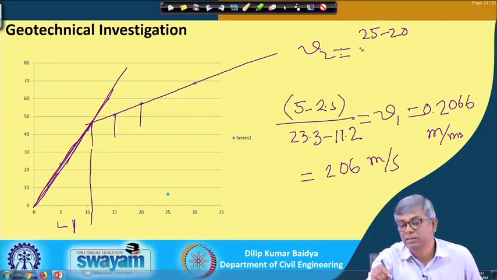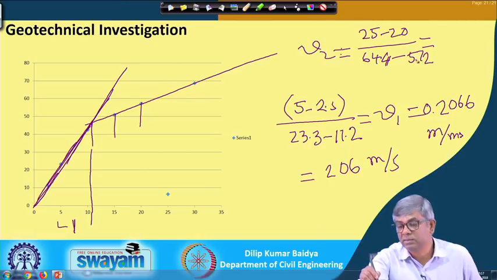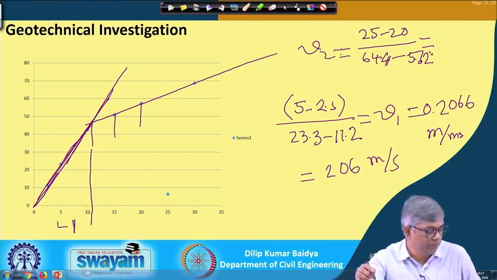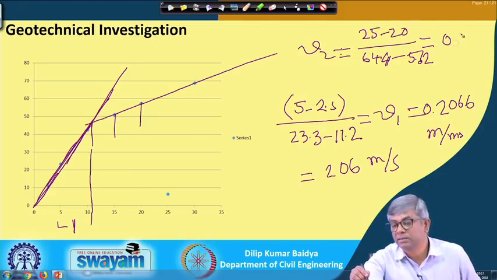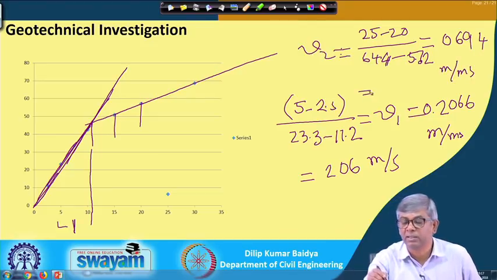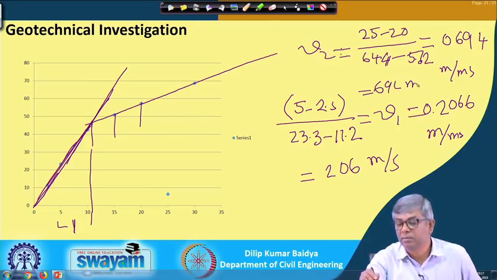25 minus 20 divided by 64.4 minus 57.2. This gives you 0.694 meter per millisecond, and if I convert into meter per second, then it will be 694 meter per second.